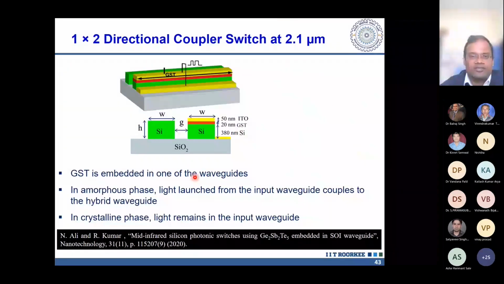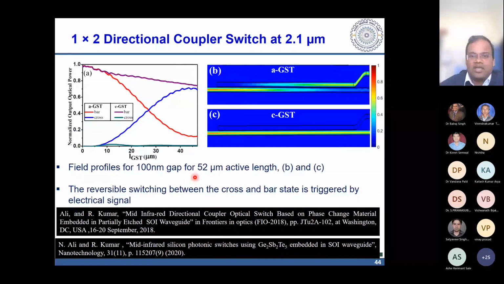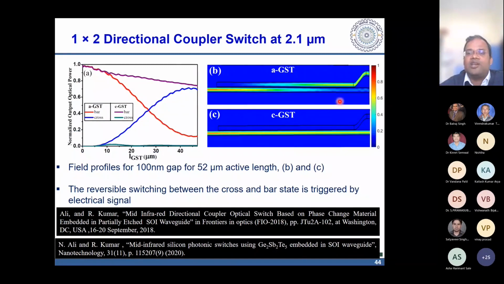Okay, so in our case, we have embedded GST in one arm of the waveguide. Okay, and so what will happen if you look at this figure? When it is in crystal form, the light goes just straight. When it is in amorphous form, it basically couples into it. Okay, so by changing the phase, you can switch whether you want to be here or here.